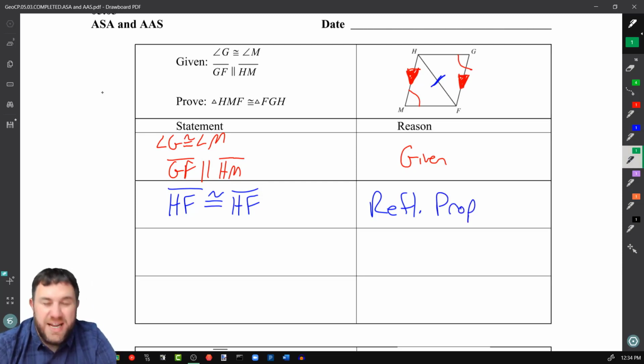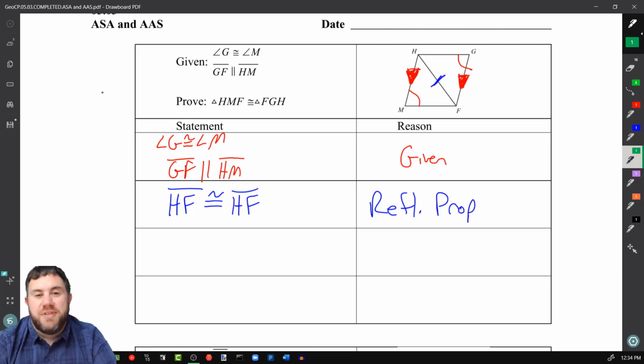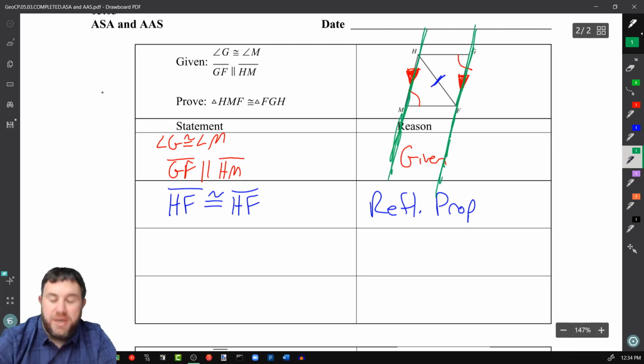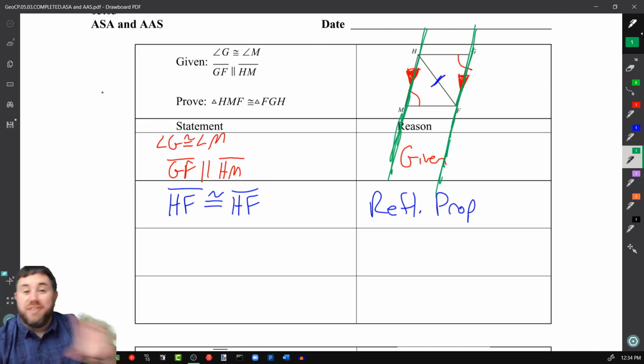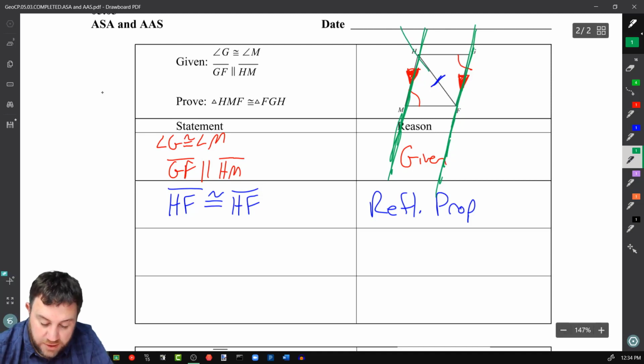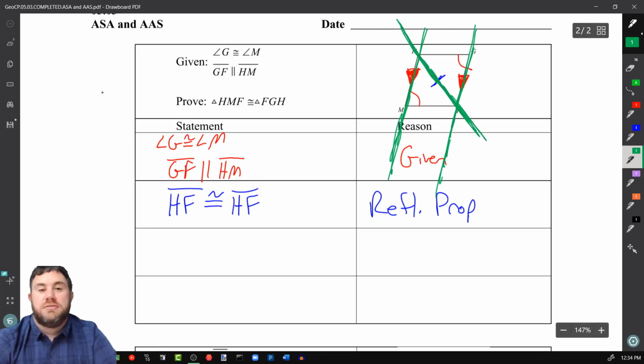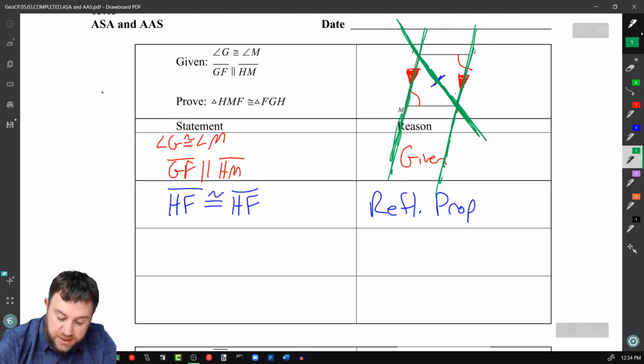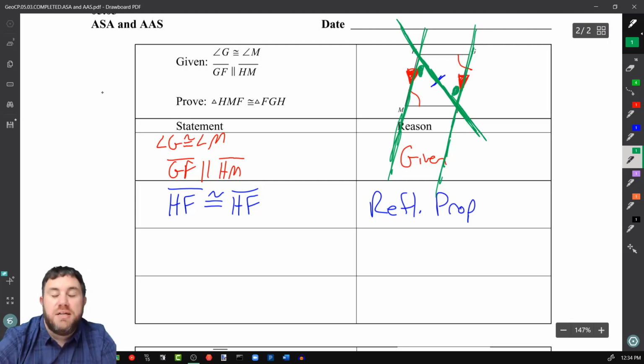Now, for our next step, we got to do something with these parallel lines. So it helps if you extend the parallel side so that you look like you have lines instead of just 2 line segments that are parallel. And then we'll extend that diagonal to make it look more like a transversal. So you can see here that we've got these 2 angles, the 2 with the green dots.